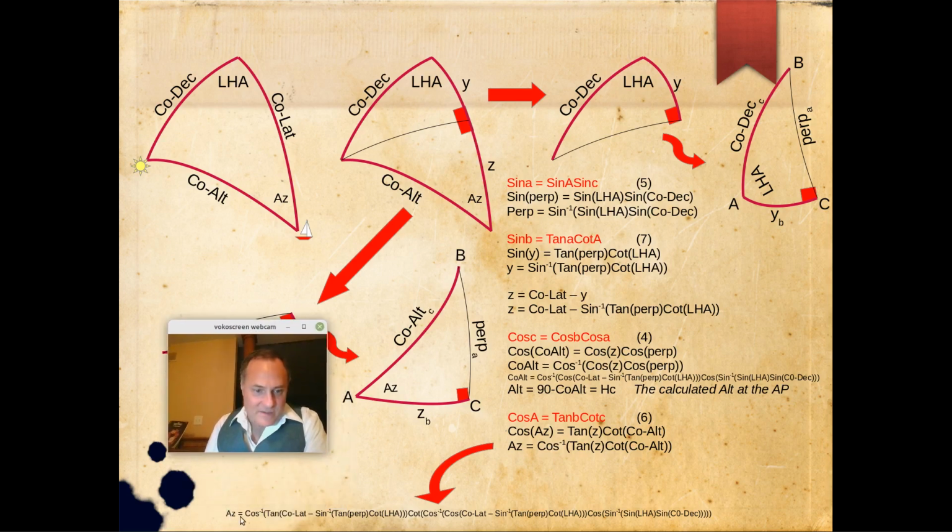So the azimuth is equal to all of that, okay? So now we've got this crazy equation for the azimuth. We've got the crazy equation for the coaltitude, and you can see why, although this is perfectly valid, it gives you the exact same answer as if you were to use the spherical law of cosines. The spherical law of cosines is so much easier. It's so much simpler.